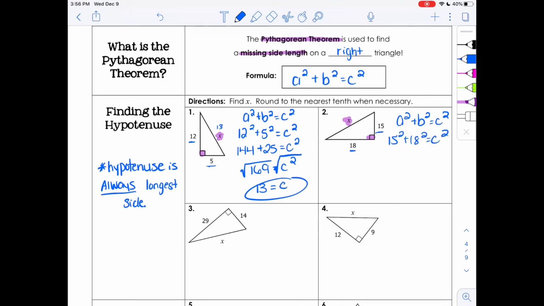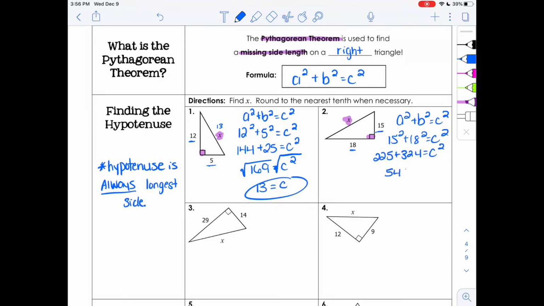I know that 15 squared is 225, plus I can use a calculator to calculate 18 squared because it's bigger than the ones I have to have memorized, and that is 324 equals c squared. 225 plus 324 is 549 equals c squared.